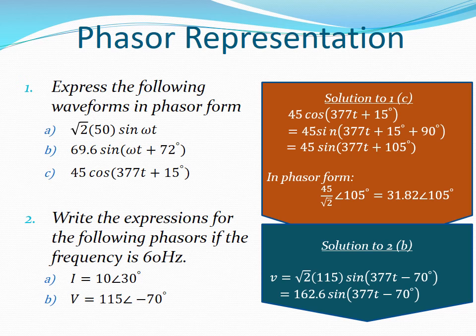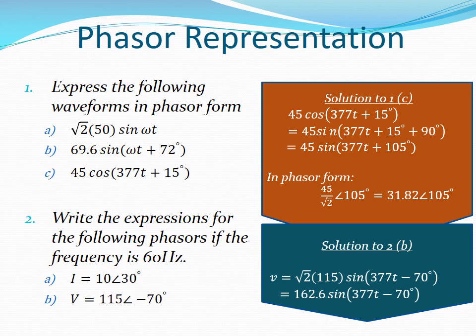Solution for 2B. From the given phasor, the phase angle is minus 70 degrees. The peak value is 115 times root 2, which is 162.6.